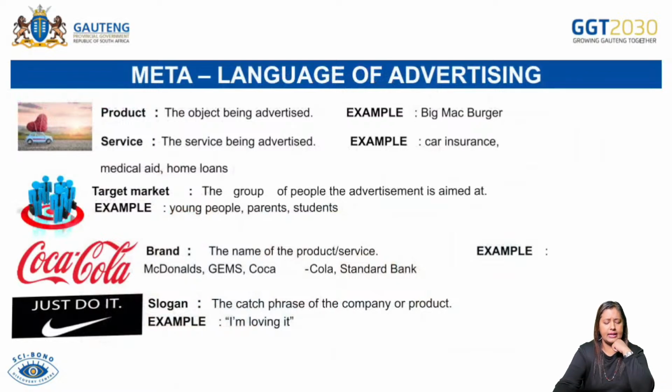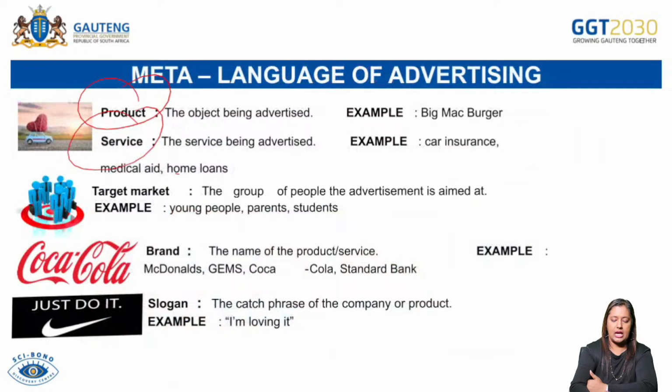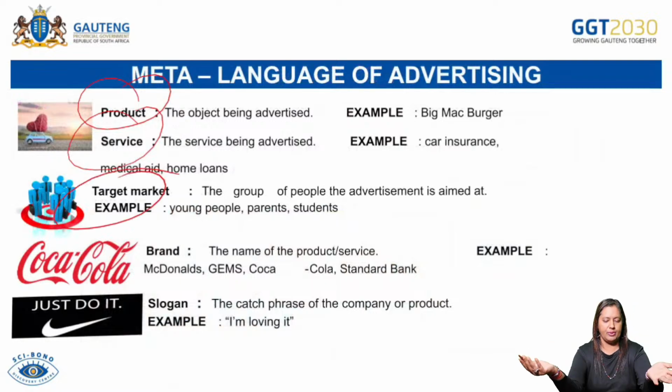Then there on your screen right now are aspects that you should be aware of by now, and I'm going to run through them very briefly. Product versus service being sold or highlighted to us. Target market, you must know, is the group of people that you would be showcasing an advert to, for them to buy into your idea.